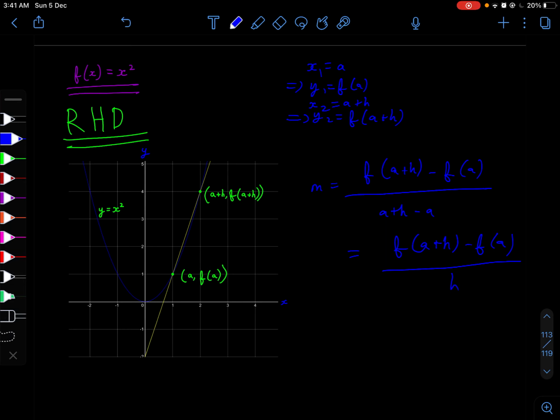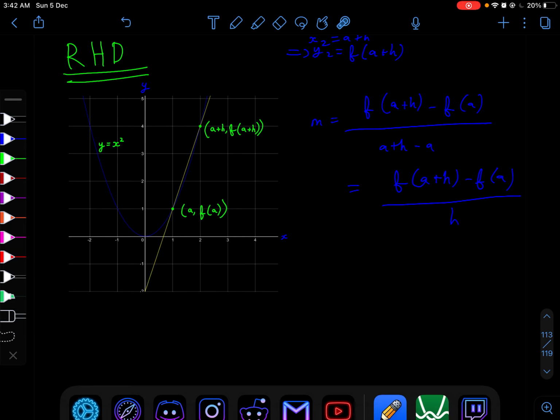Now the idea of finding the right hand derivative is that we fix the left point, in this case a comma f of a, and we move the right point slowly towards the left point on the curve. That is reducing the value of h. So we're taking h really close to 0.